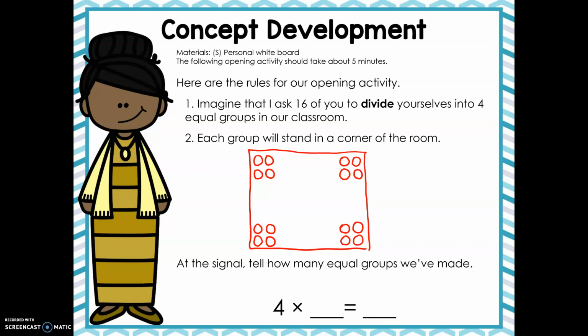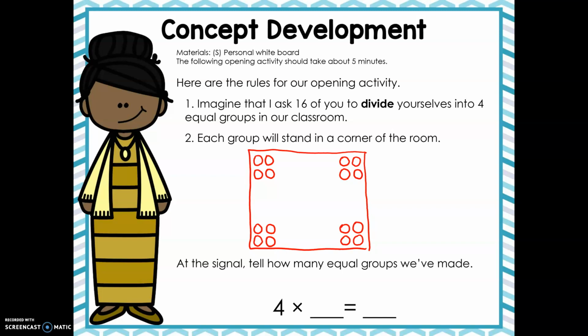So now let's look at how many students are in each corner. I count 4 over here, 4 over here, 4 over here, and 4 over here. So we have 4 students in each group. How many groups did we have? Think about how many corners are in our room.